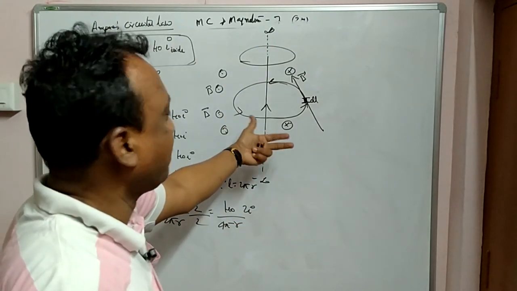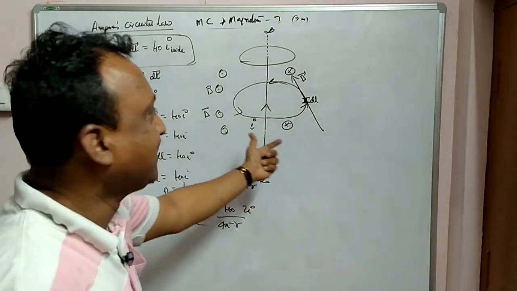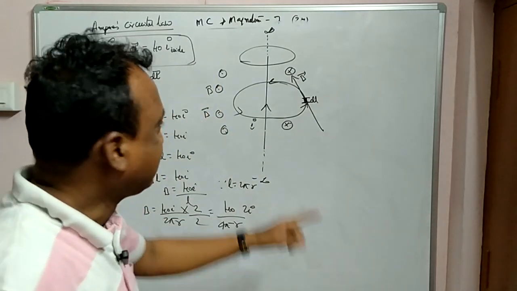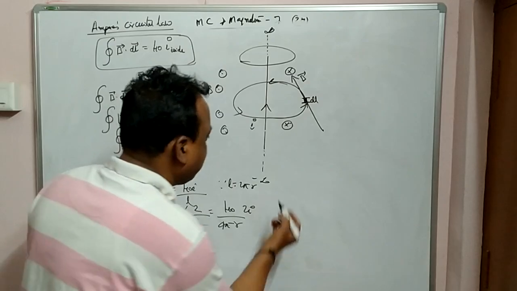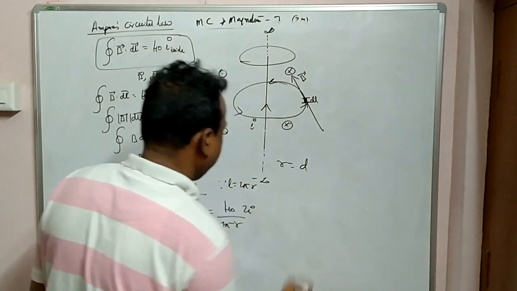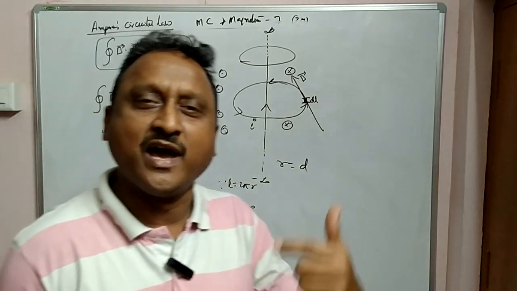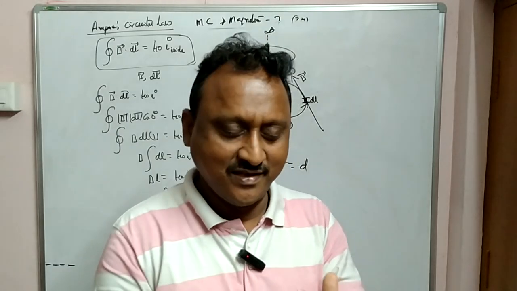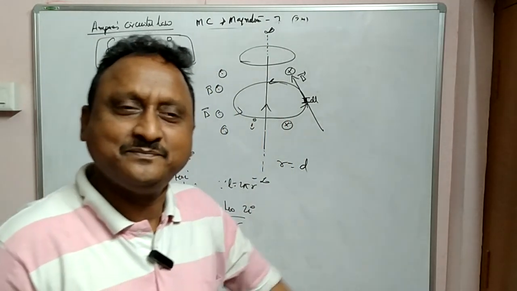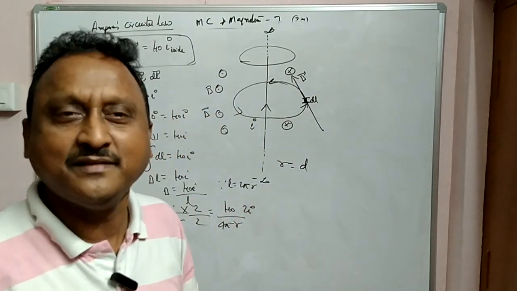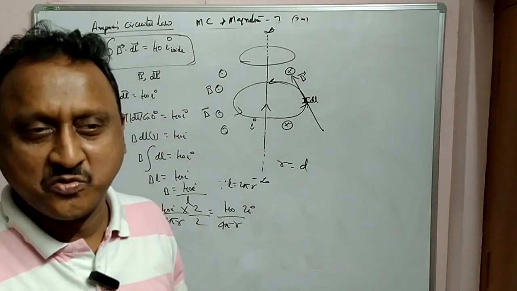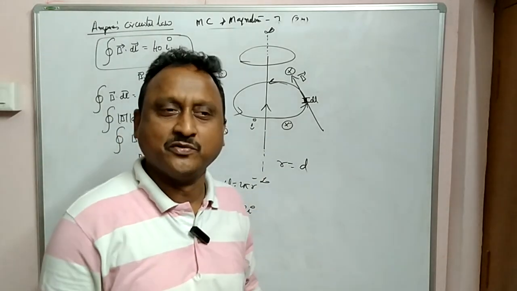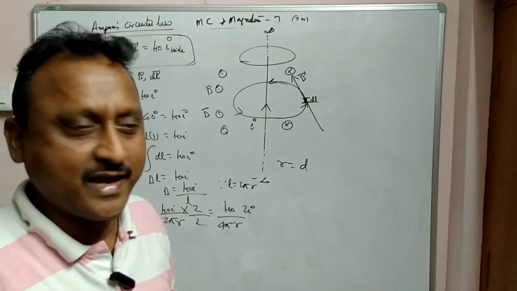Same thing again we have proved with Ampere circuit law. Whatever you have done before, same thing we have proved with Ampere circuit law. Mu naught by 4 pi into, here I wrote r because it is a circle, r is nothing but d. So mu naught by 4 pi into I by d into 2 times. If it is semi-infinite, half of that. Again for a circle, mu naught I by 2r, for a semicircle 1 by 2, for a quadrant, alpha by 2 pi formula.